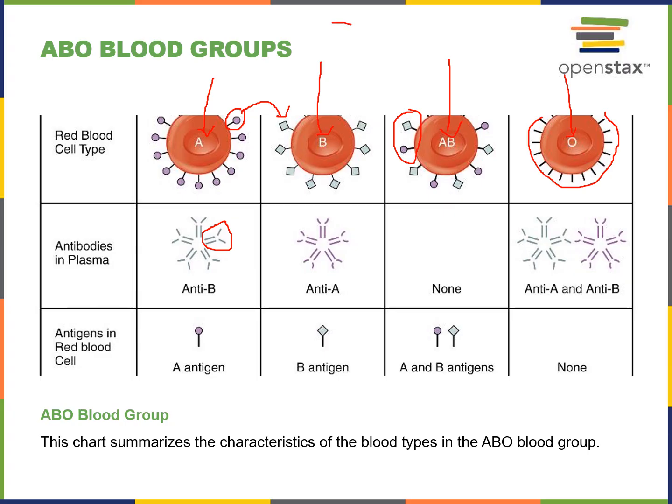IG means immunoglobulin, and immunoglobulin is the correct term for antibody. And this particular antibody that they're showing here is called a pentamer. It sort of has 5 arms to it. It's a very large antibody. Not all antibodies look like this. But nonetheless, these are the binding sites on the antibody molecule.